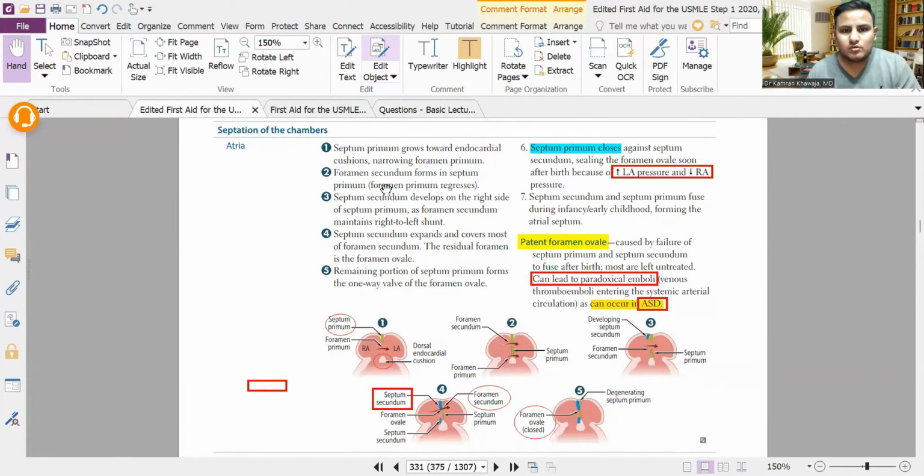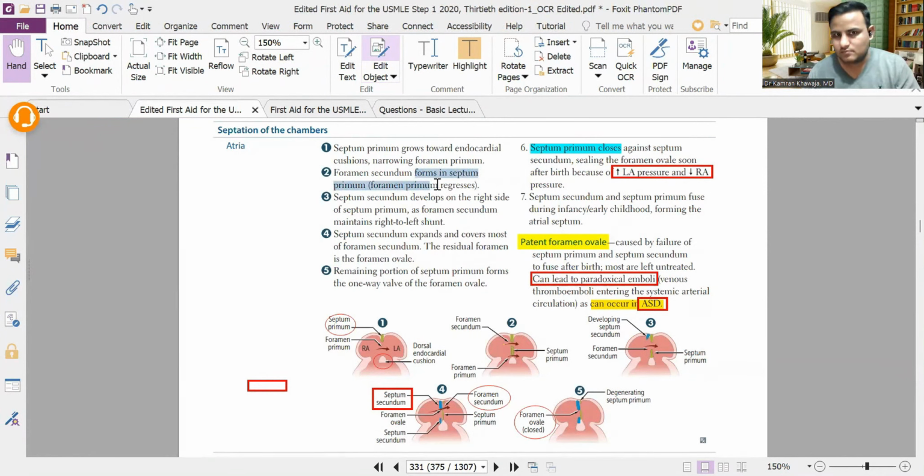The foramen secundum forms in the septum primum, and the foramen primum regresses. It does not appear; it is very, very small.